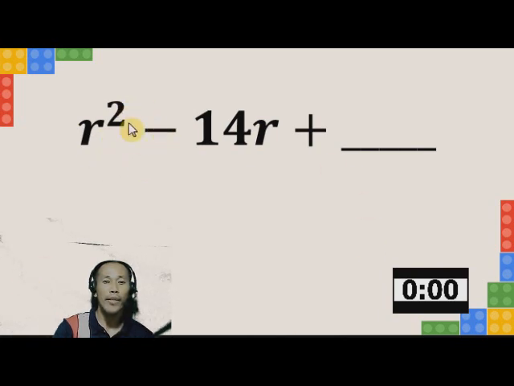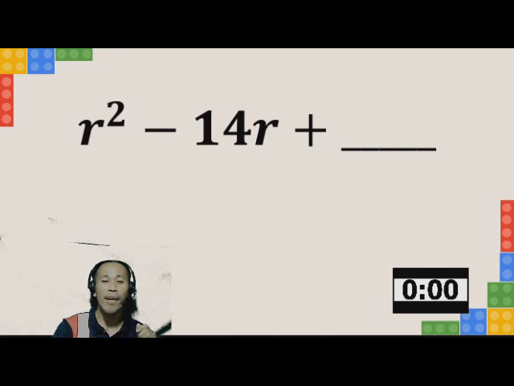Of course, we are going to get first our binomial. This must be r minus 7. Very good. So we are going to get half of the middle term and copy the sign of the middle term. So again, this is r minus 7.